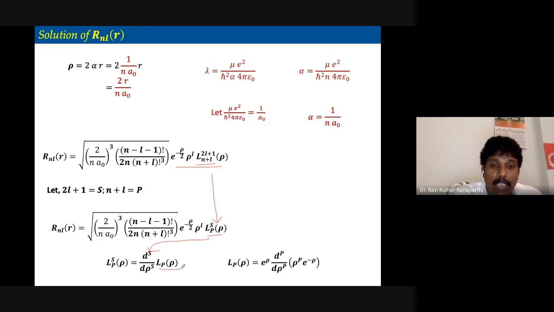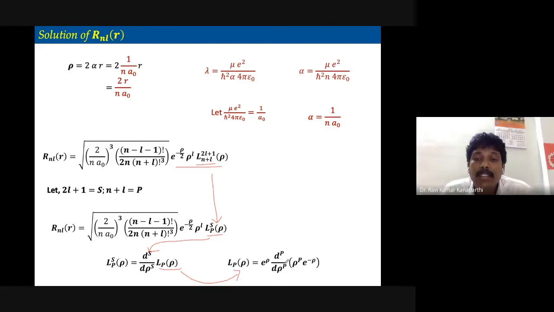And L P of rho can be evaluated by this formula, which is nothing but e to the power rho multiplied by d to the power p upon d rho to the power p, multiplied by rho to the power p, multiplied by e to the power minus rho.